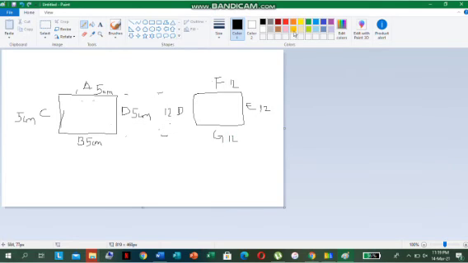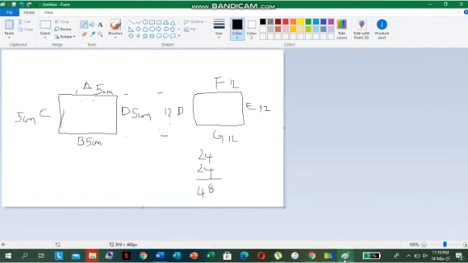Now when you add the distance around, which is the perimeter, you get 12 plus 12 is 24, and another 12 plus 12 is also 24. So when I add 24 plus 24, we'll get 48. So the perimeter is 48.